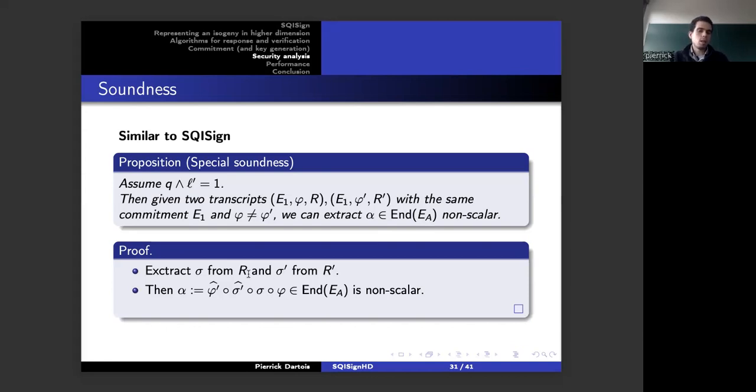The idea is just to extract sigma and sigma prime, the response isogenies, from their representations given in the response of the transcripts, and to pre-compose and post-compose with the challenges, which gives a non-scalar endomorphism.